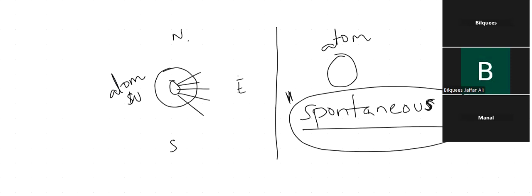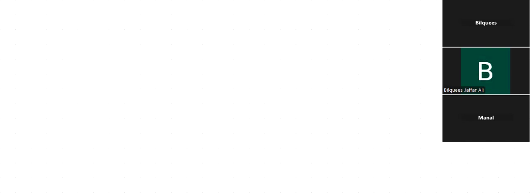For example, first of all, tell me how you will measure the radioactive emissions coming out from the substance. Is there any instrument through which I can measure the radiations, the count? The GM tube. Good.